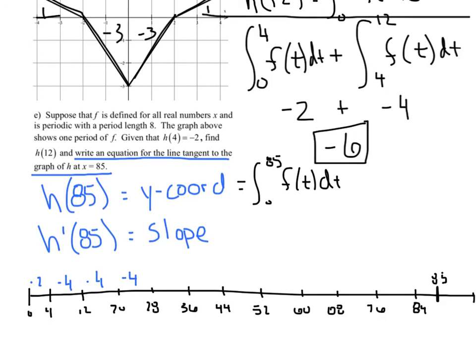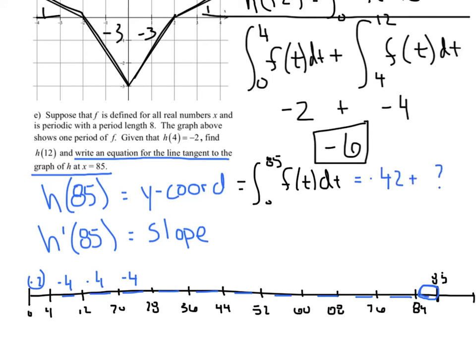So I've got 1, 2, 3, 4, 5, 6, 7, 8, 9, 10 full cycles. So that would be negative 40. Whoops, I should say negative 42, plus the little bit at the end right there. So it's negative 42 plus something.